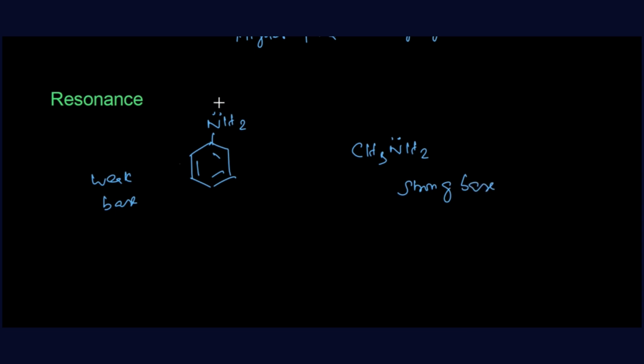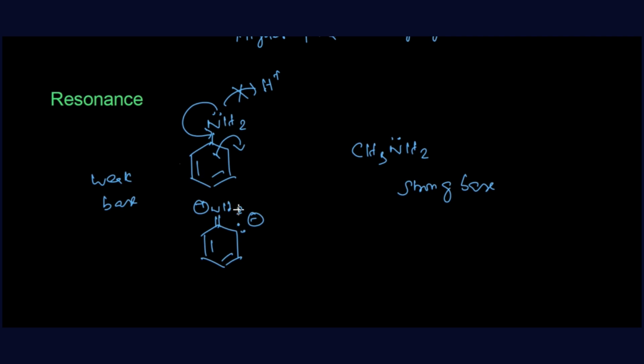The reason is, we know that the lone pair of electrons is responsible for attacking the proton. But in the aromatic amines, what will happen is this lone pair is involved in the resonance. As a result, this lone pair of electrons is not available to attack the proton immediately. So you will get it like this.